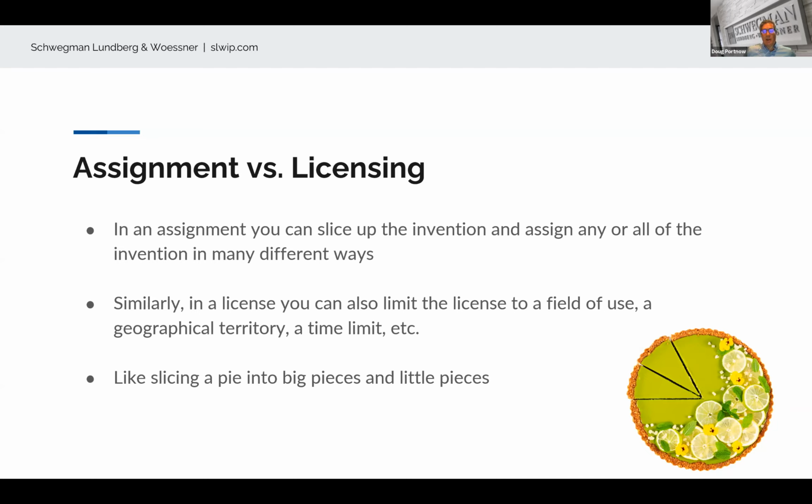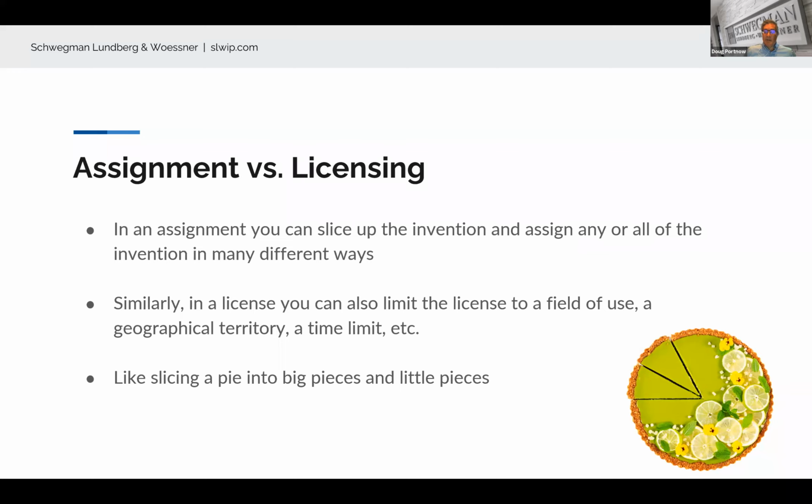They don't have to be triangular slices. They could be squares or circles or any geometric shape. So the point being that you can divide up the property any way you want. So, in a license, you can license based on a field of use. You can license based on a geographical territory, time limits, et cetera.